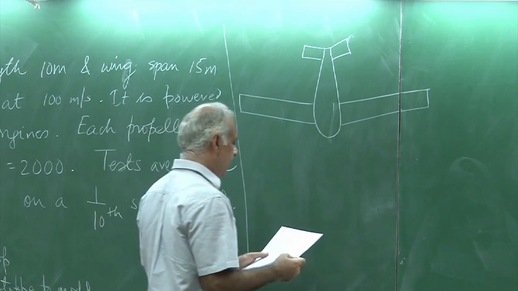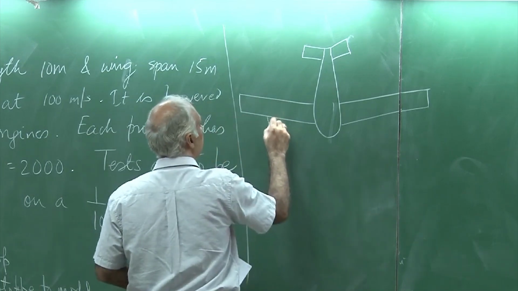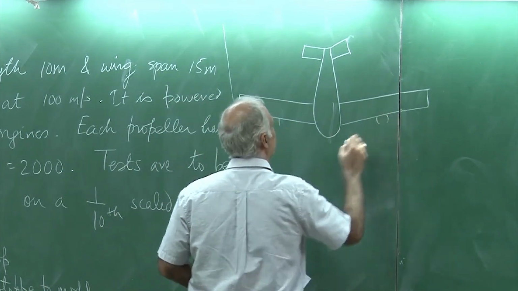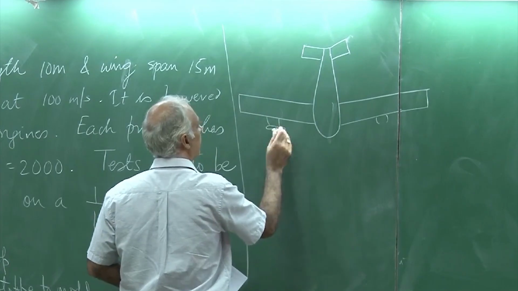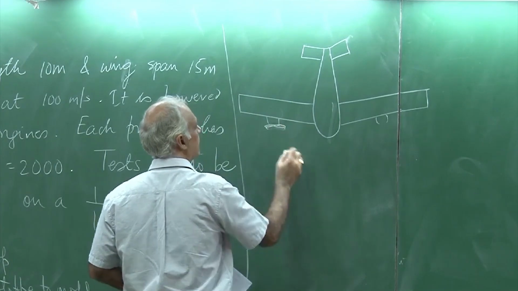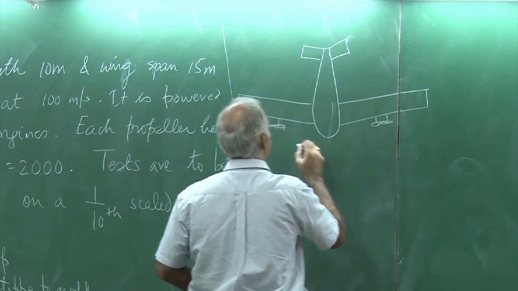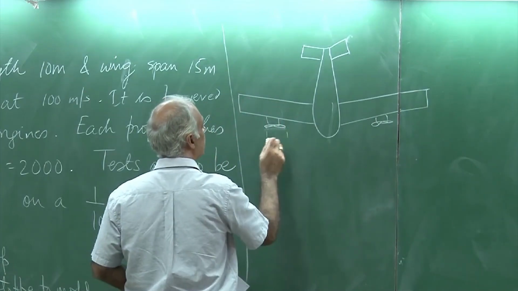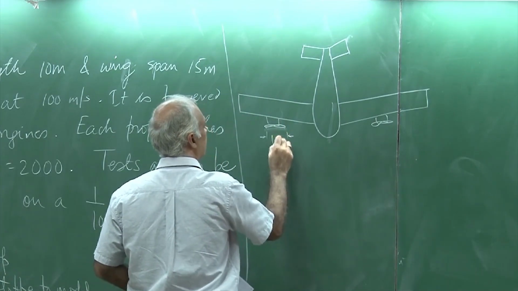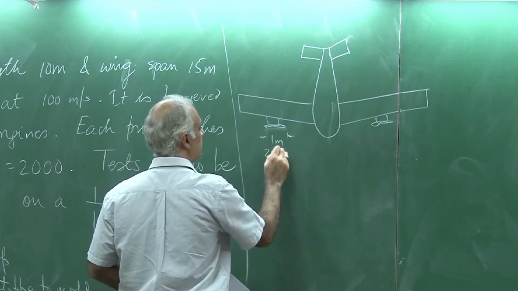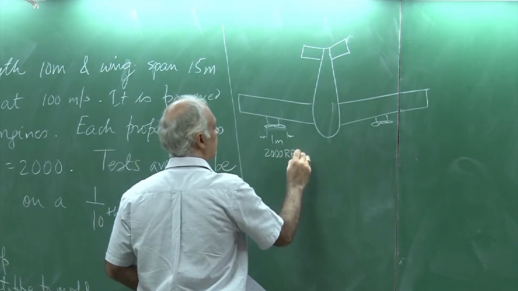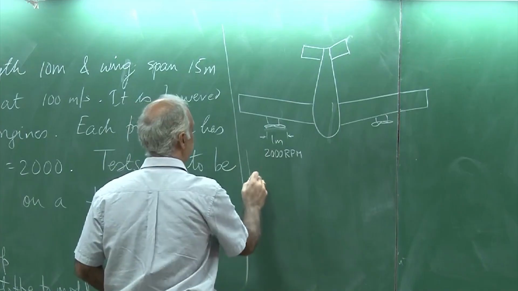What is given to me is that there are two engines here, and they have a propeller, and the diameter of each of these propellers is 1 meter and spins at 2000 rpm.